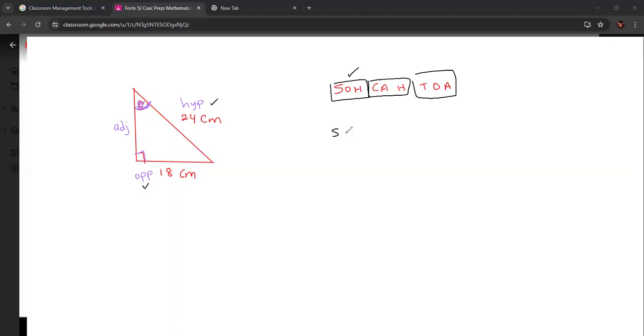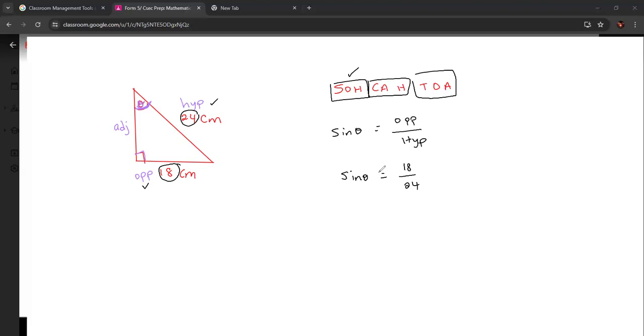So you're going to use sine, and it's always sine of the angle is equal to opposite over hypotenuse. And then you substitute. I'm finding the angle, so my angle is theta. The opposite is 18. Hypotenuse is 24. So it's going to be 18 over 24.